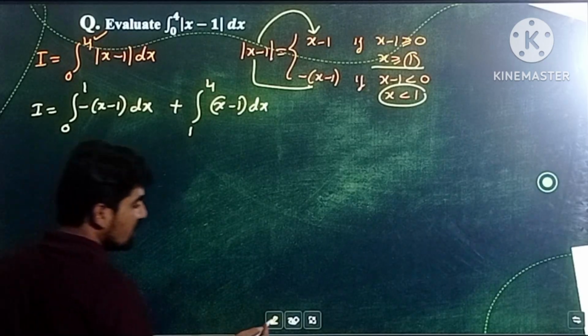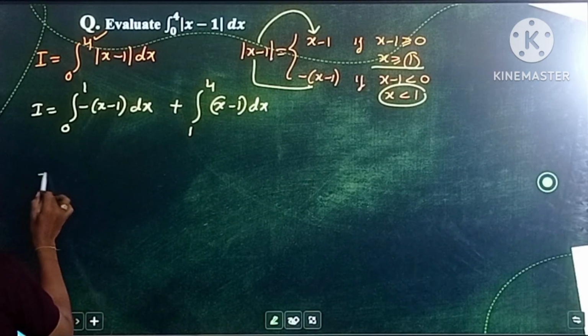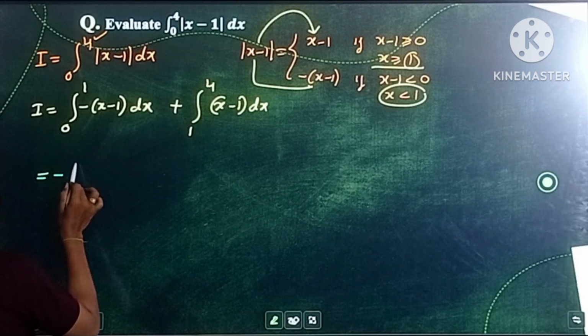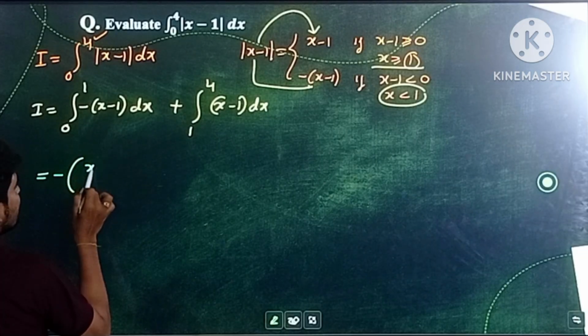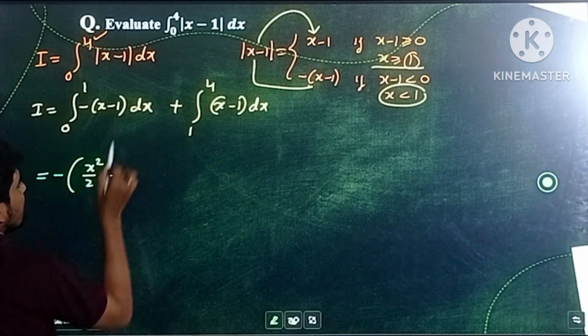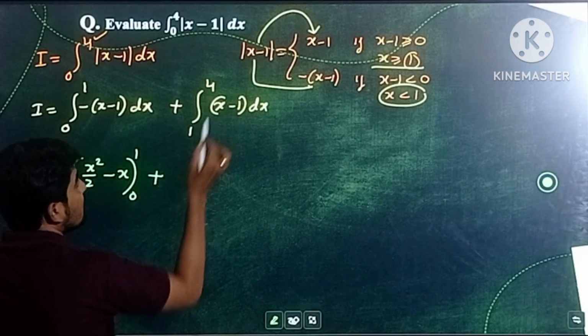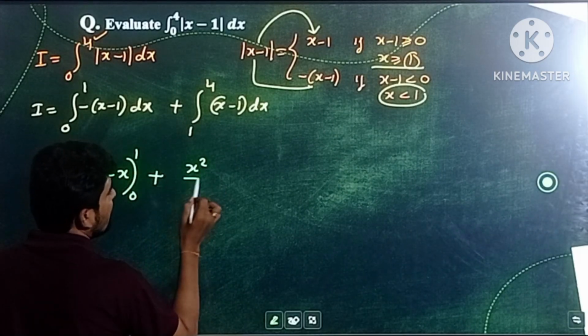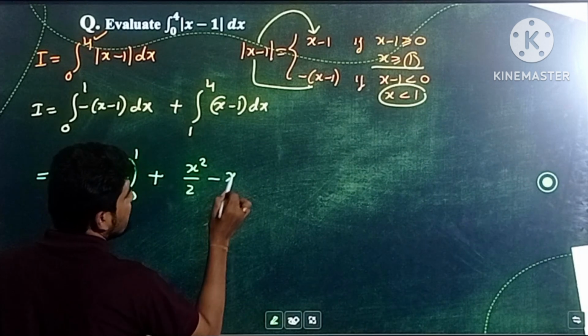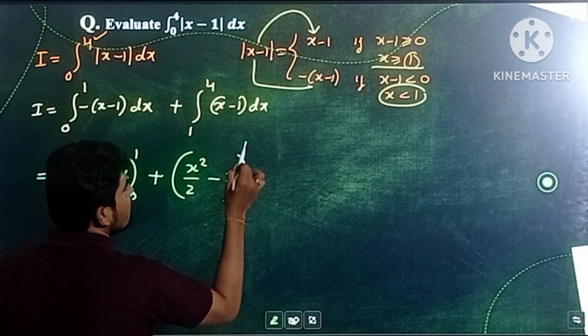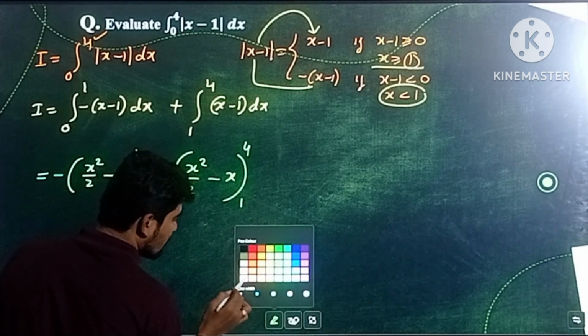Again, same thing, integrate and apply the limits. First thing, taking minus outside the integral sign, and then integration of x is x square by 2 minus integration of 1 is x over the limit 0 to 1, plus here also integration of x is x square by 2 minus integration of 1 is x over the limits 1 to 4. Now I am going to use the limits.